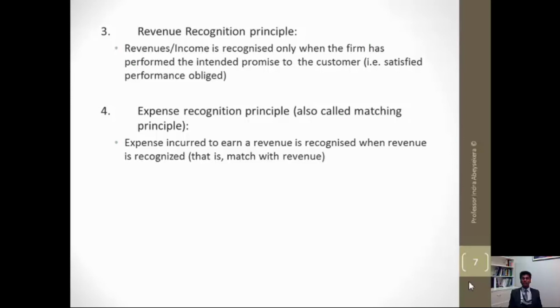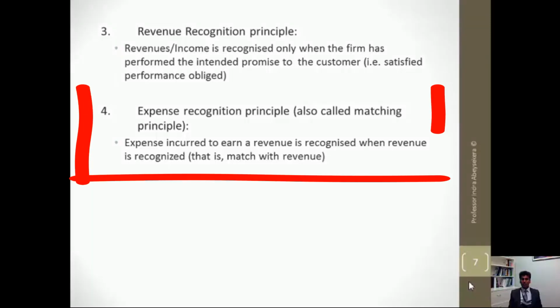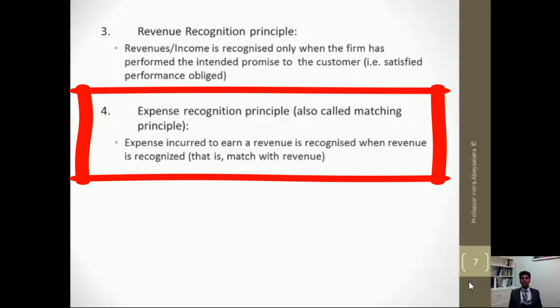The fourth principle is the expense recognition principle. It's also called the matching principle. It is because expenses incurred are matched with the revenue that is being recognized. So it follows the revenue recognition principle.